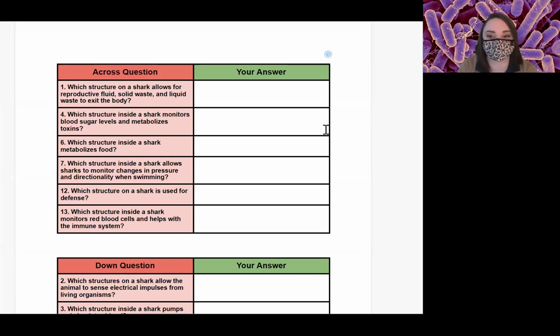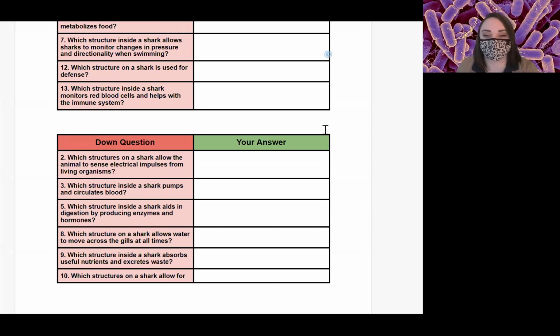Which structure on a shark is used for defense? Dorsal spine. 13, which structure inside a shark monitors red blood cells and helps with the immune system? Good, the spleen. And our spleen does the same thing.